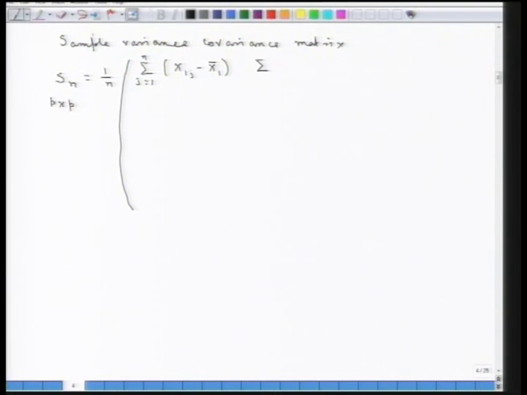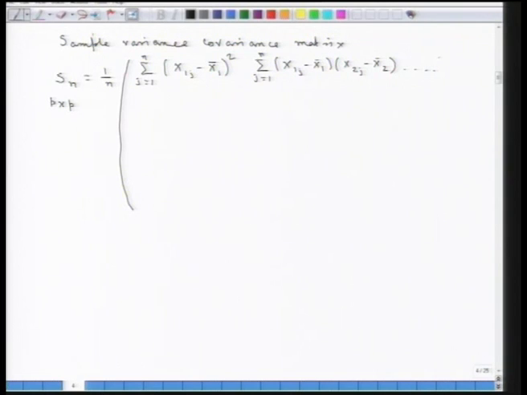Then the 1,2 element is going to be given by x1j minus x1 bar, multiplied by x2j minus x2 bar.